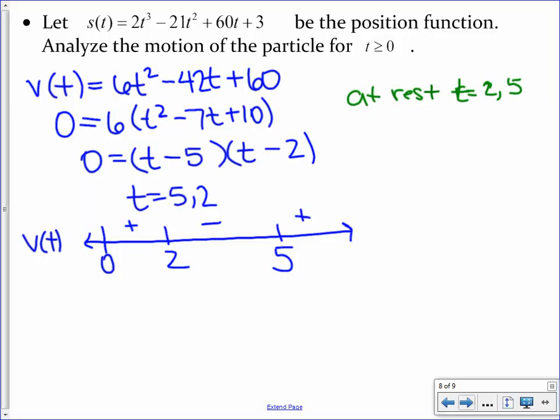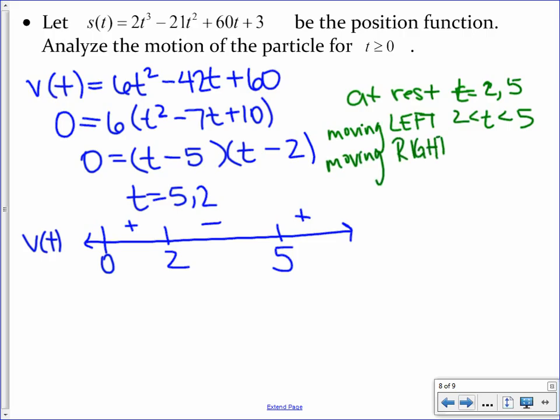Okay, so our particle is at rest at 2 and 5. Our particle is moving left when t is between 2 and 5. And we are moving right from 0 to 2 and from after 5, essentially.